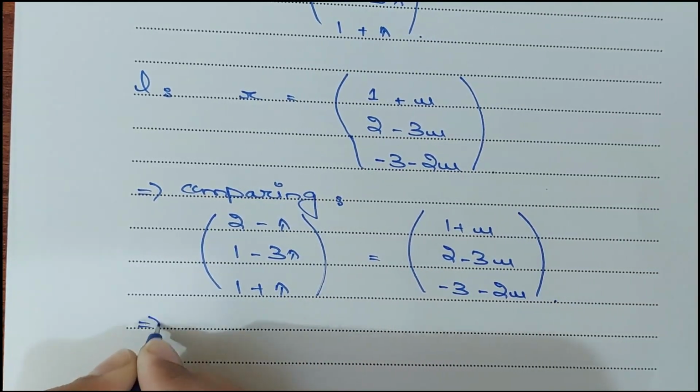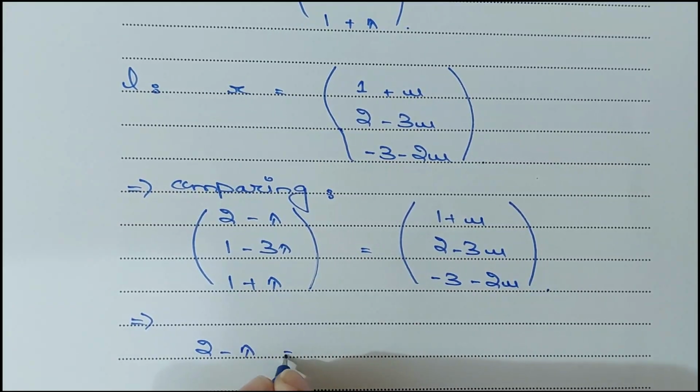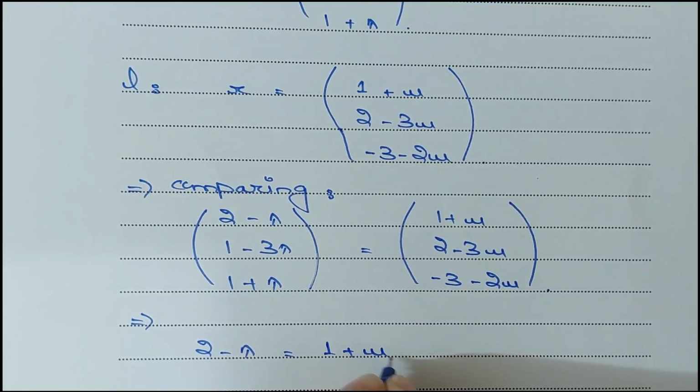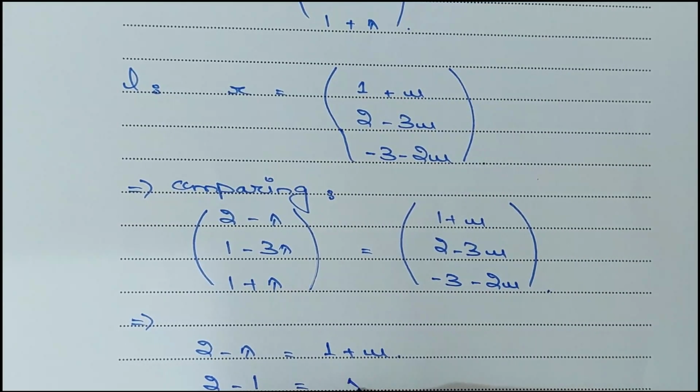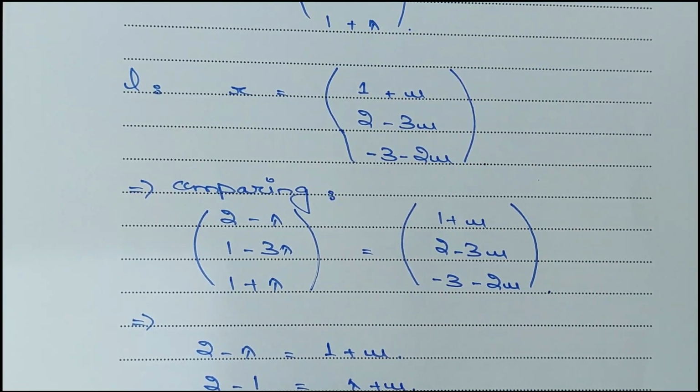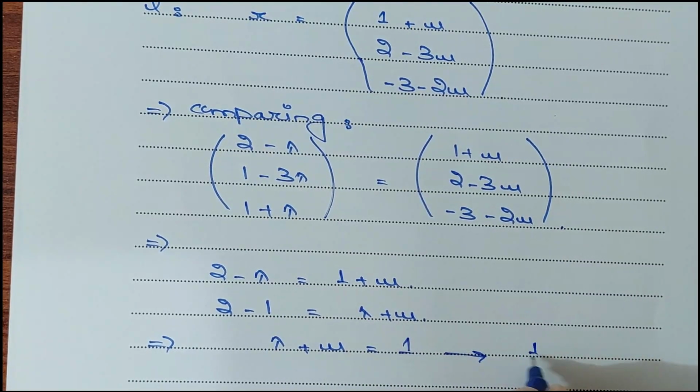Equating the first components, 2 minus lambda equals 1 plus mu, so 2 minus 1 equals lambda plus mu. So lambda plus mu equals 1. This is my first equation.